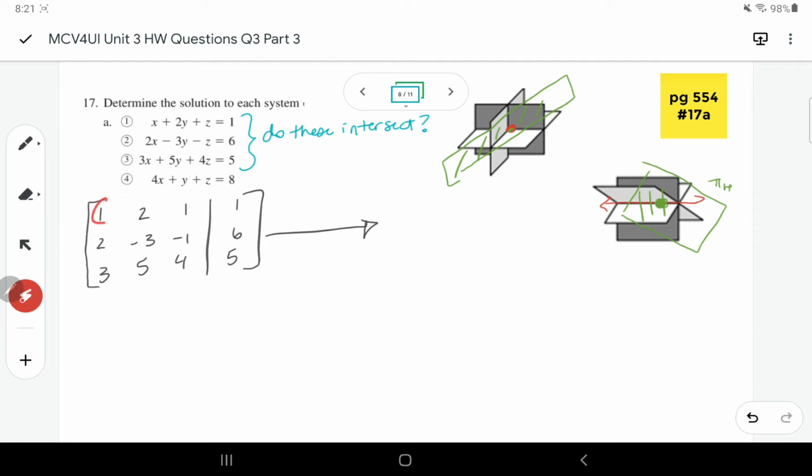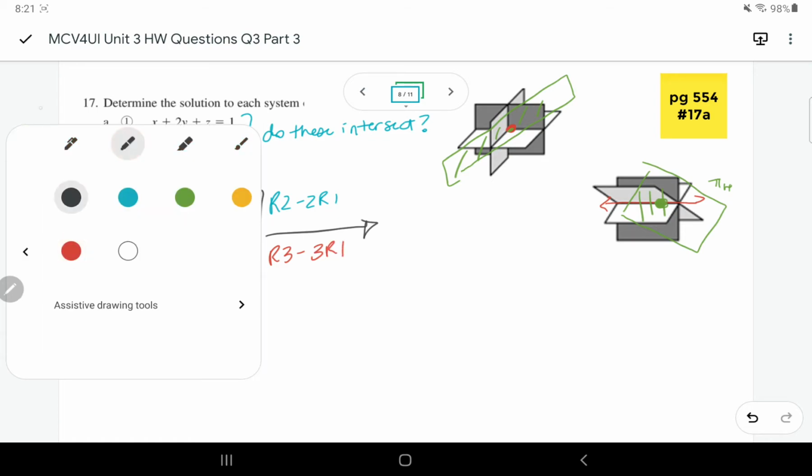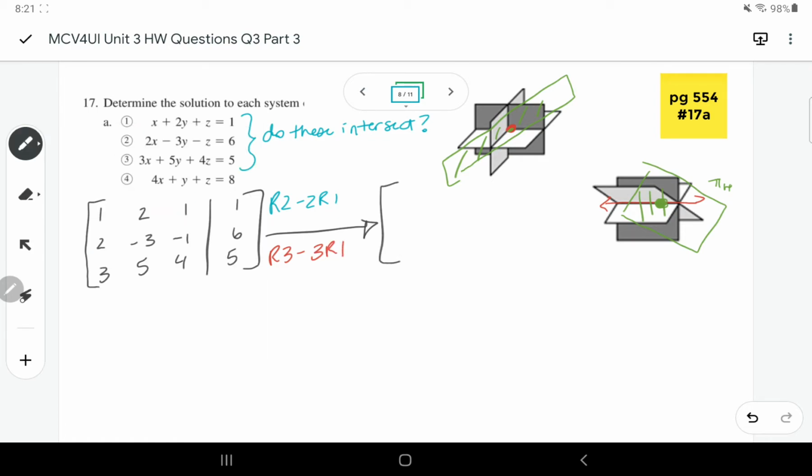So luckily I had that 1 in the top corner already. So I'm going to clear out that rest of the column here. For row 2, I'm going to subtract 2 times row 1. And for row 3, I'll subtract 3 times row 1 because of those coefficients. So the first row does not change. Second row, 2 minus 2 times 1 is 0.